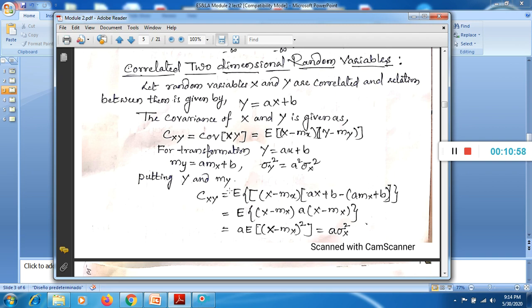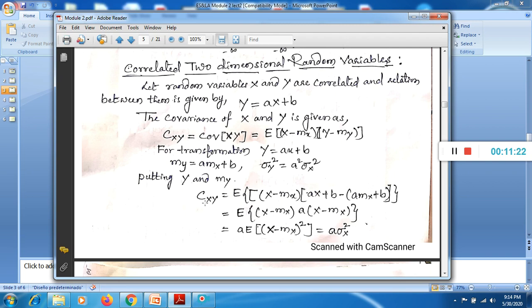Covariance of x and y is given by e of x minus mx, and it would be y minus my. Now we are finding an expression and we are proving that del y square is equal to so much and my is equal to so much. We need to prove this.